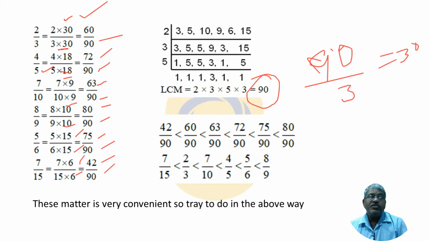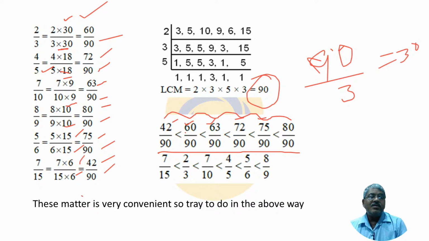Now you see all the rational numbers have 90 as a denominator. When all the numbers have 90 as a denominator, then you see the smaller to greater. Now 42 by 90, 60 by 90, 63 by 90 in ascending order. So I am giving the sign here.